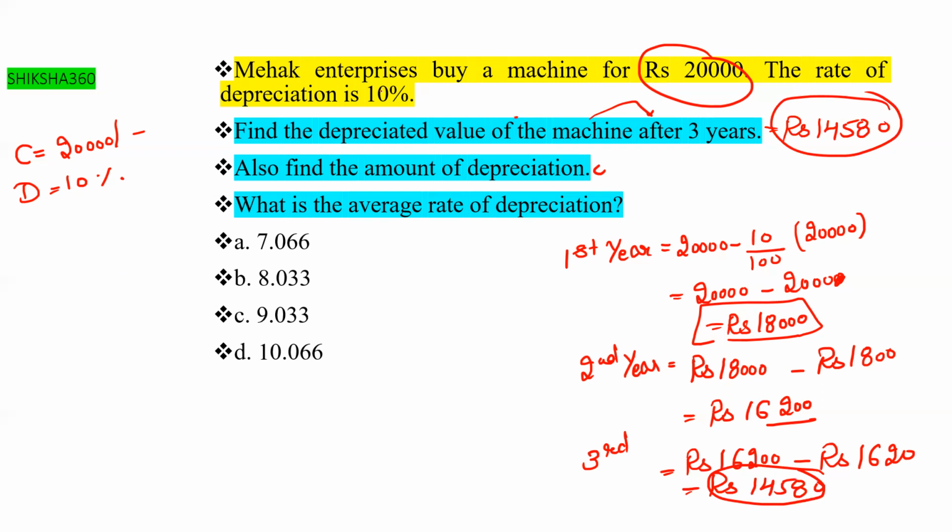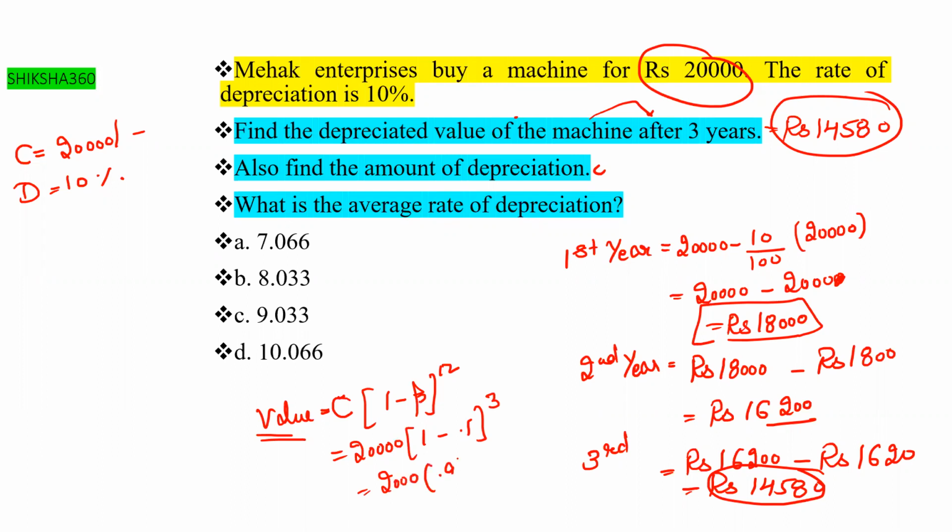The value after 3 years is equal to C into (1 minus depreciation rate) power n. So 20,000 into (1 minus 0.1) power n, and n is 3 years. So 20,000 into 0.9 power 3.